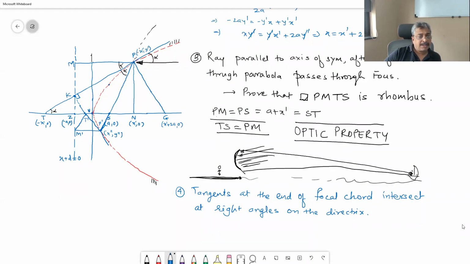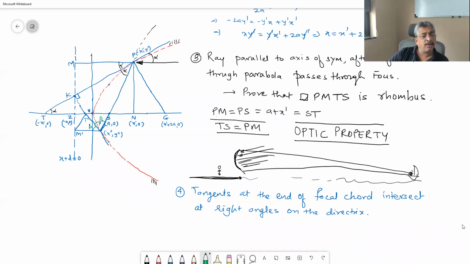As far as this alpha property that we have discovered at point P is concerned, a similar property will exist at P'. Therefore, we can say that this angle is beta, equal to this angle beta, correct?